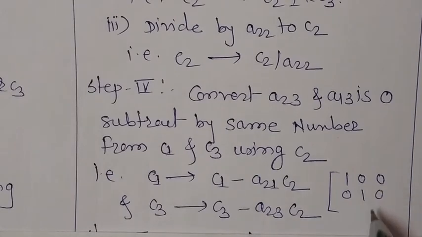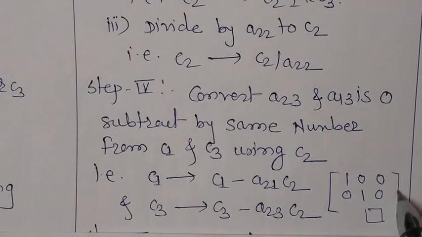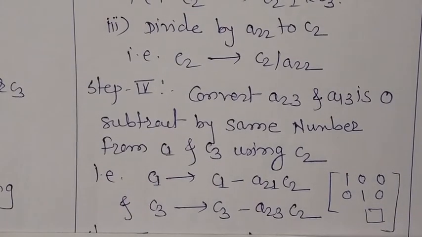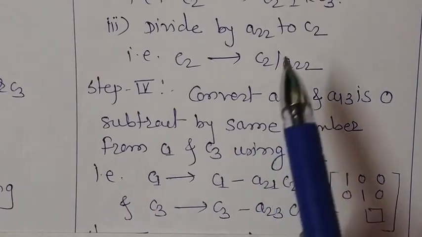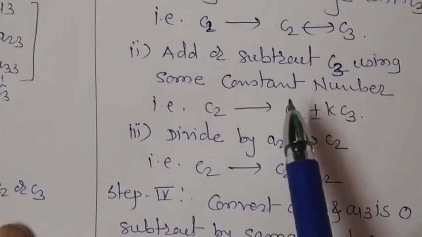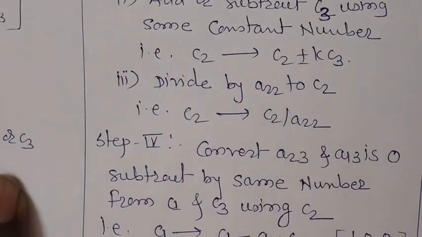The last stage is to convert this number, A33. So A33 becomes 1. Now here no row is left, so interchange is false here, and add or subtract is false here. So the last stage is dividing by the same number.